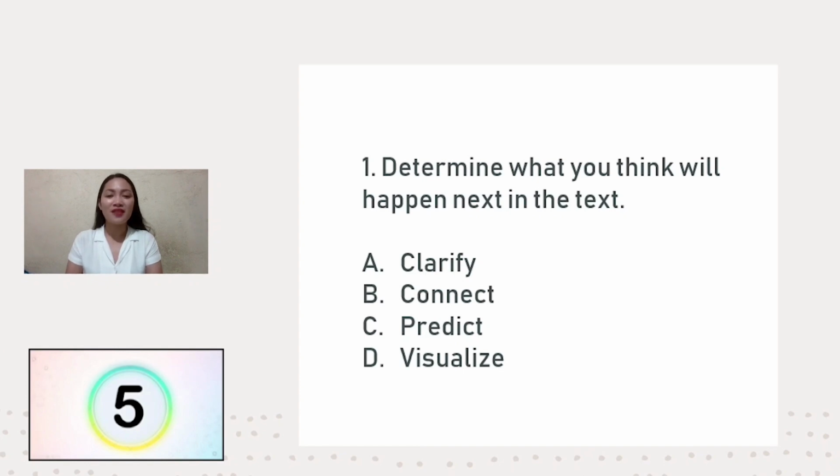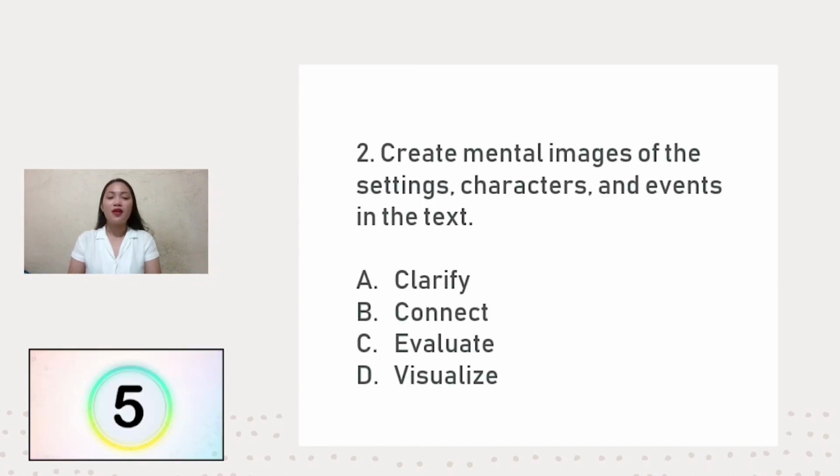Number 1. Determine what you think will happen next in the text. A. Clarify. B. Connect. C. Predict. D. Visualize. Number 2. Create mental images of the settings, characters, and events in the text.